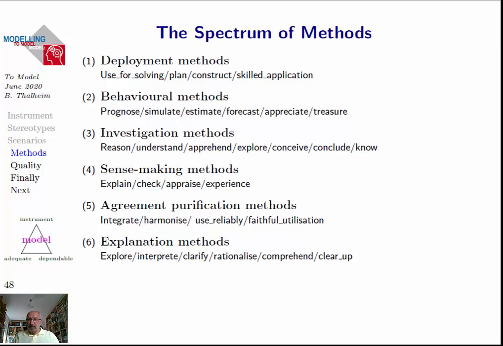All these methods look like specific methods, but they can be given in a general form. Using for solving a problem is nothing else than, after application of the model, after getting the result of the instrument application, we can have now a solution of the given problem.